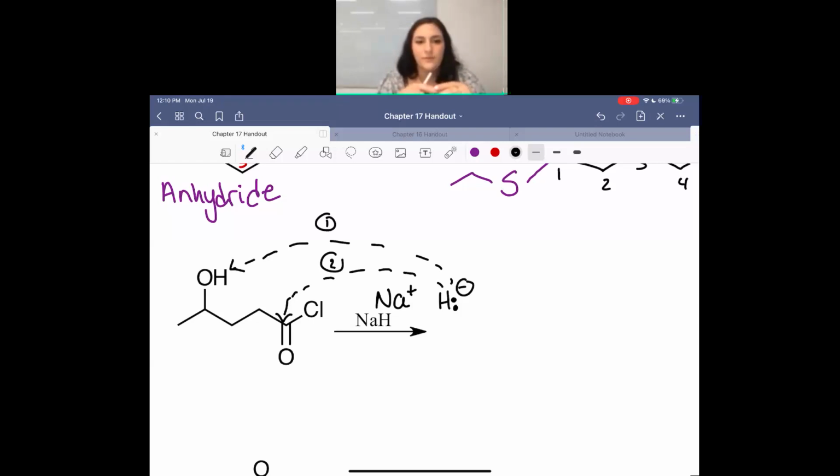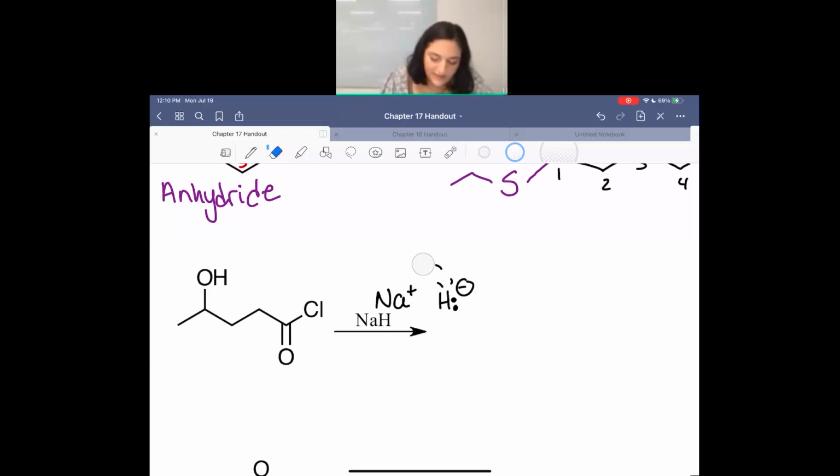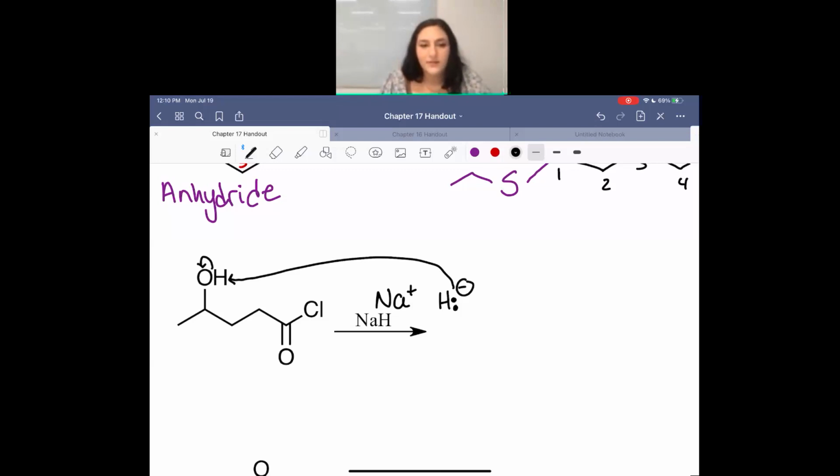One or two? One. I would definitely have to agree with you. So in this reaction, since it's easier to be a base than a nucleophile, that's what N minus is going to do. So it's going to take its electrons, steal a hydrogen, and give those electrons back to the oxygen.